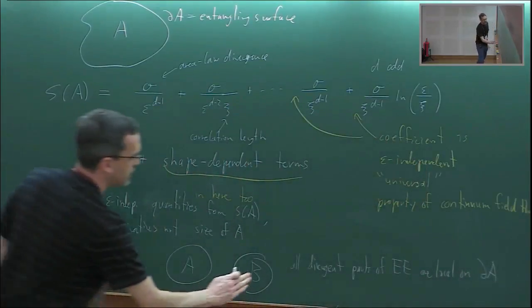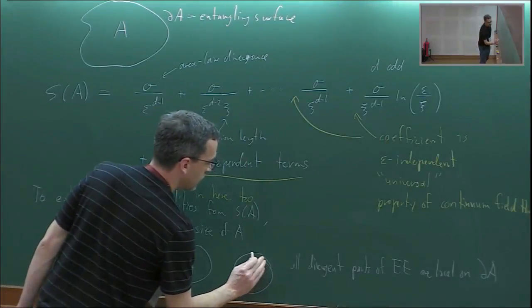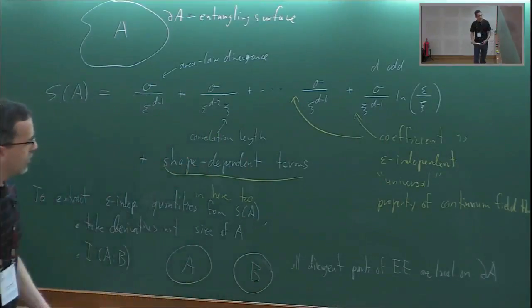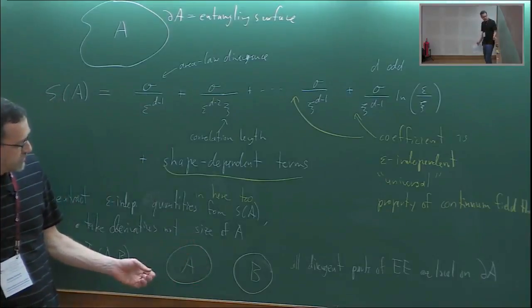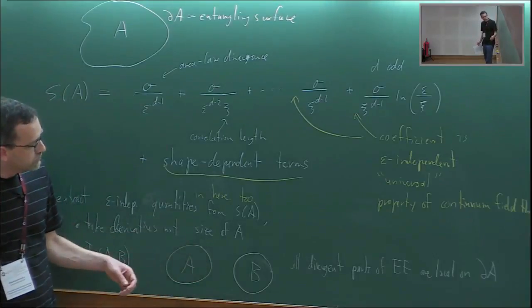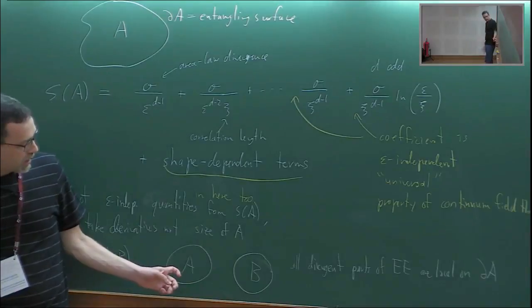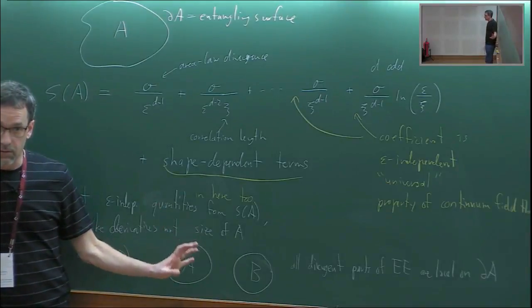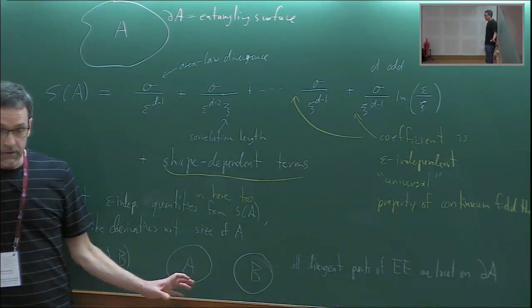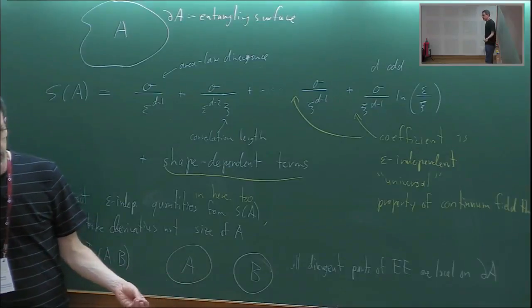And therefore, any quantity like the mutual information, as long as you're doing a subtraction that again is local, you will cancel all of the divergent quantities. And you're left with stuff that again characterizes the field theory.